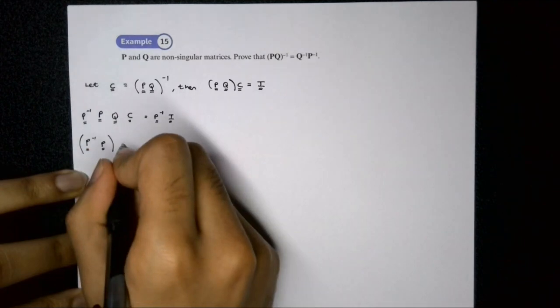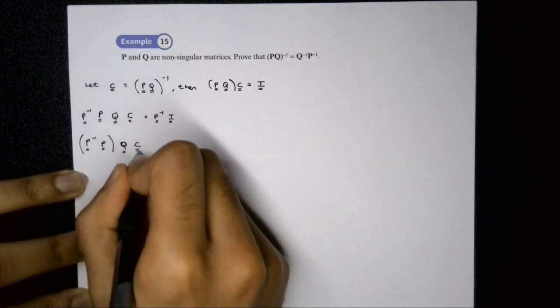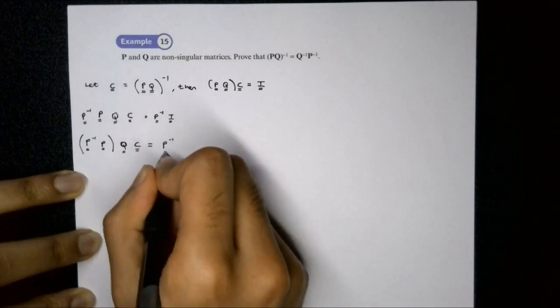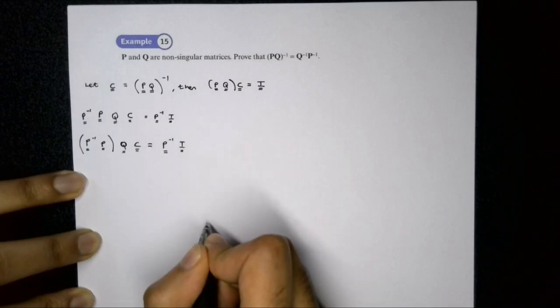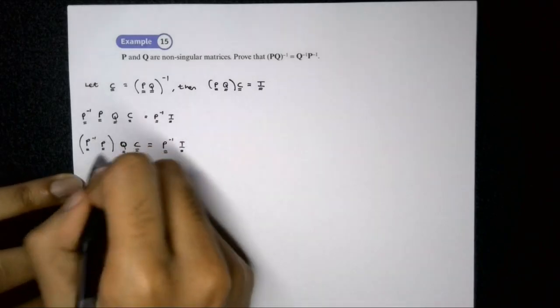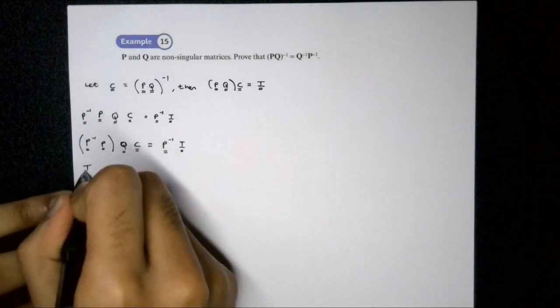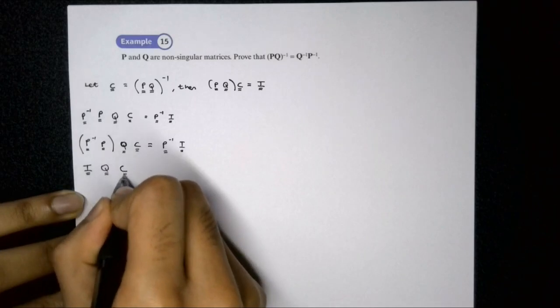So we've got this result multiplied by Q multiplied by C. This is equal to the inverse of P multiplied by I. So here we get the identity matrix multiplied by Q multiplied by C.